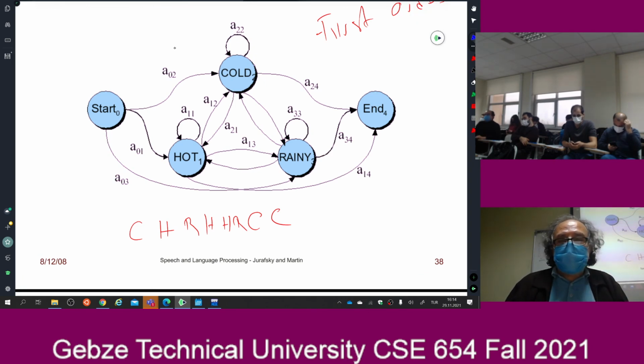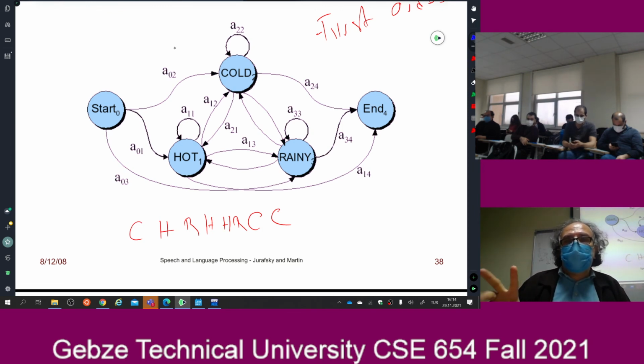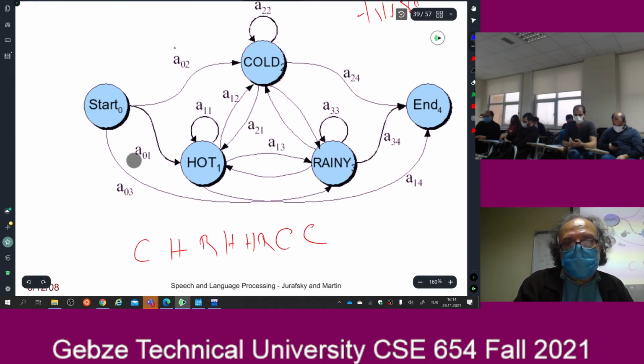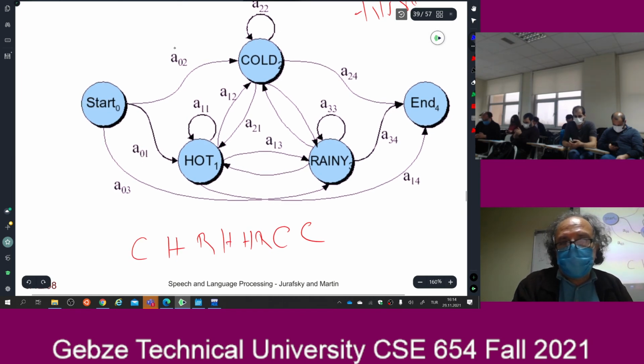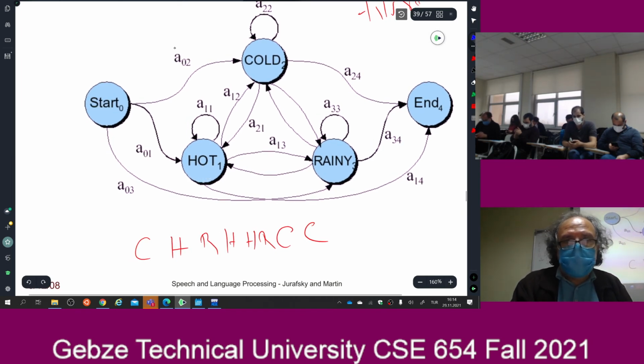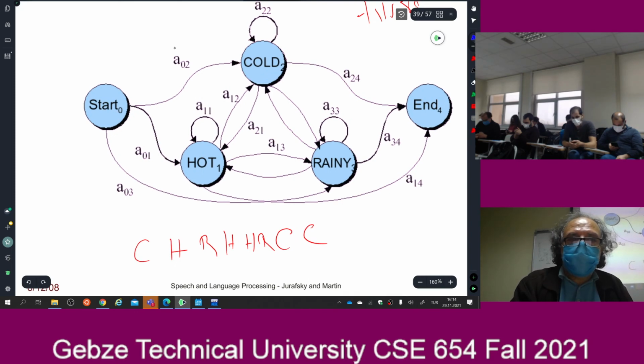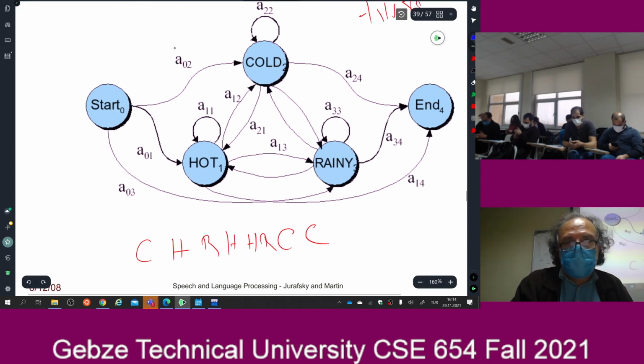Okay, this is not a hidden Markov model. Why? Because my observations are my states. Everything is visible, right? So I have only one probability set, the transition probability. This A01 means the probability of going from 0 to 1. This is A02, the probability of going from 0 to 2, and A03.